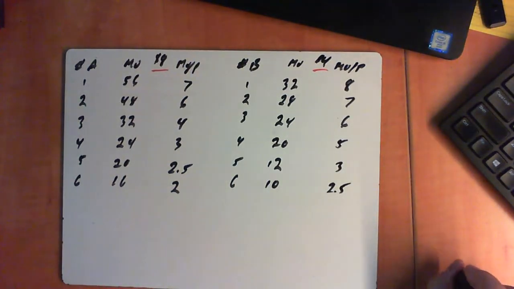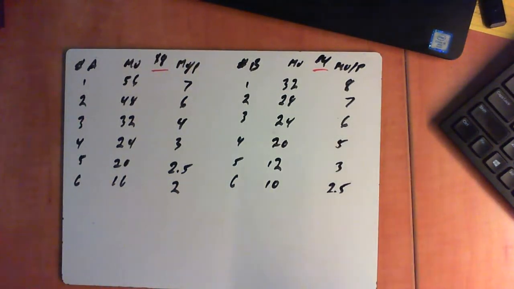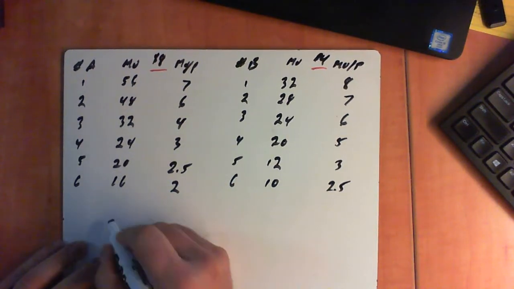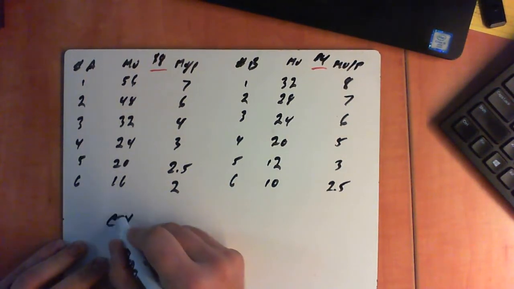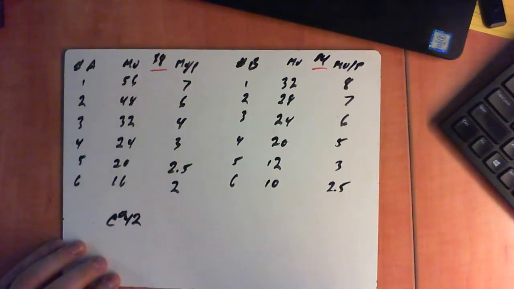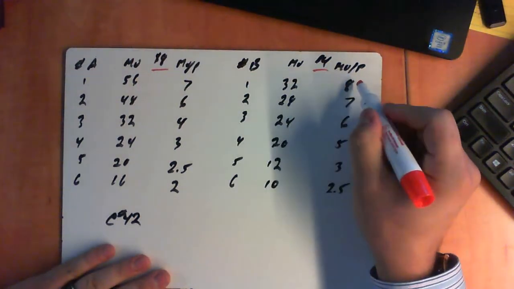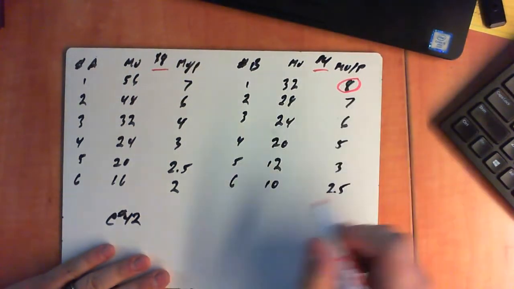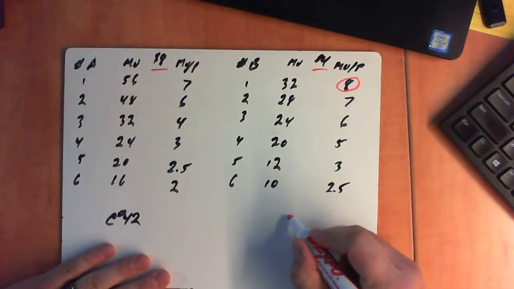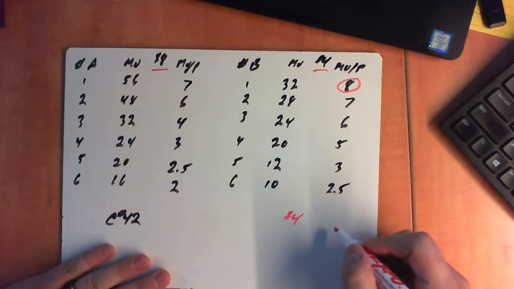So, if a consumer has $52 to spend, to maximize utility, what should this consumer purchase? Well, they'll buy the items with the highest marginal utility per price first. So they'll buy this item, right? And so it's going to be $4.